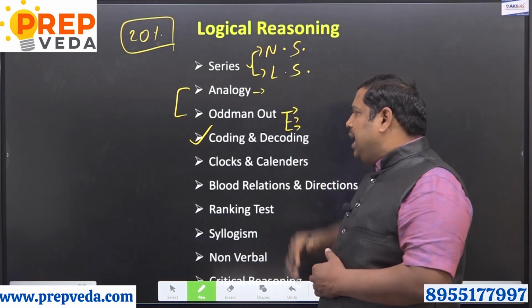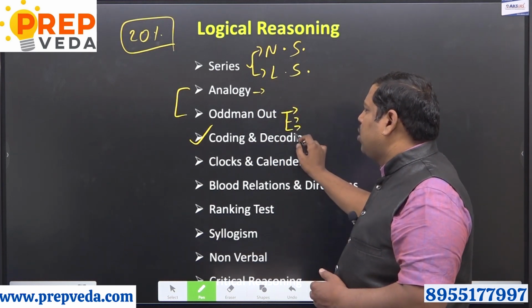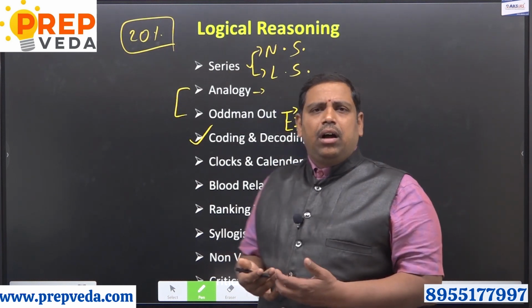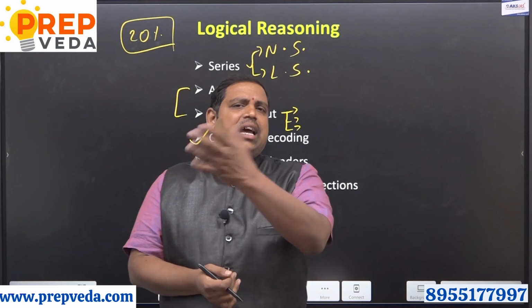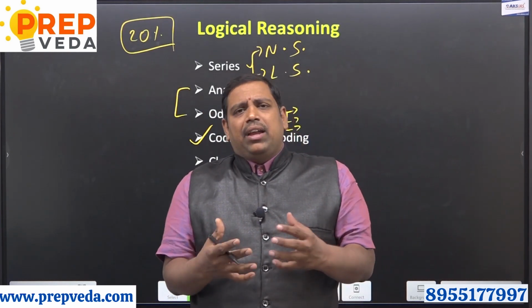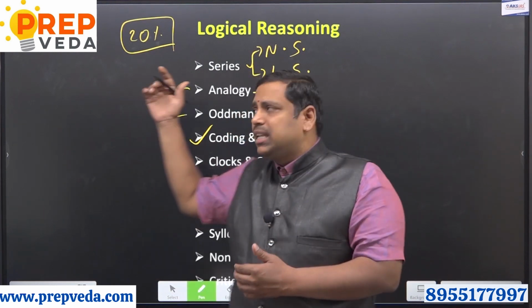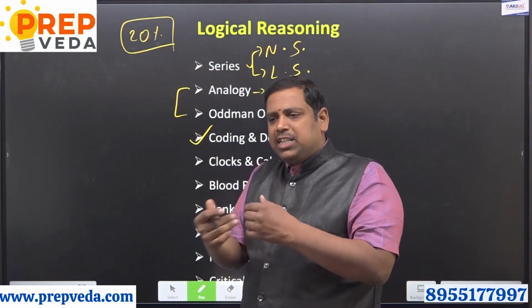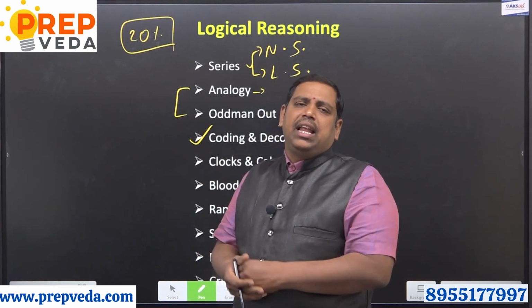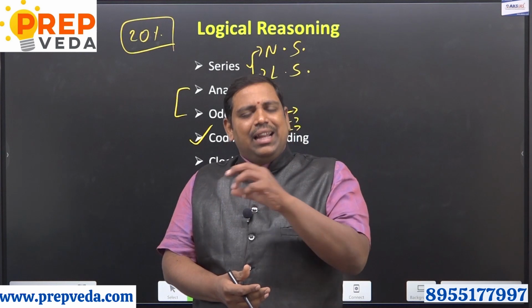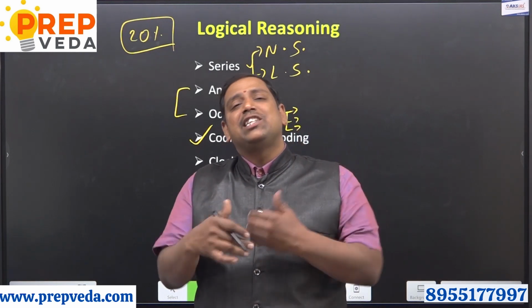The next point is coding-decoding. If I say something in English, in general the entire world can understand it. But suppose I set the paper of CLAT and send it through the internet, or speak about it with someone on a phone call or in a mail, in regular English, everybody can snoop on it.